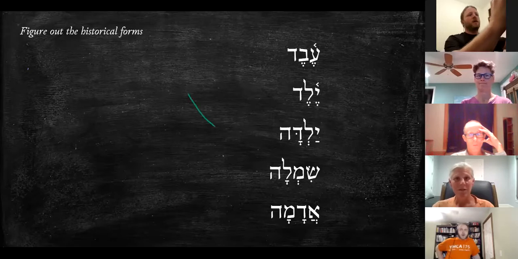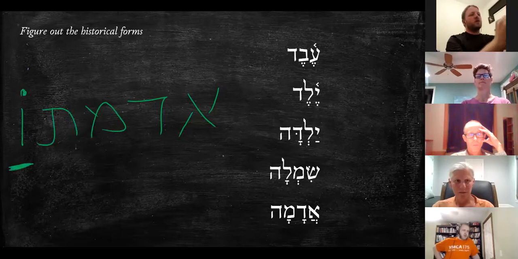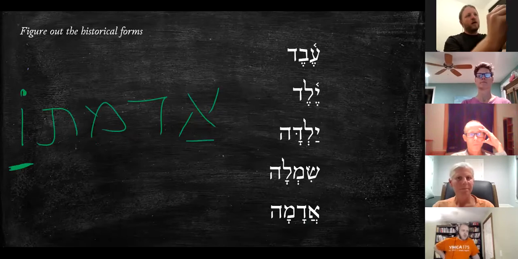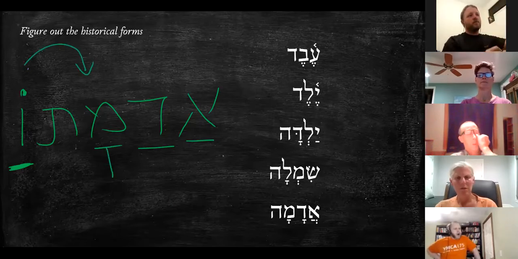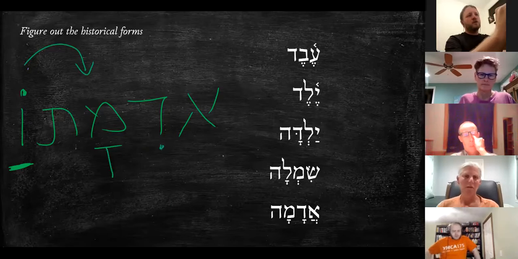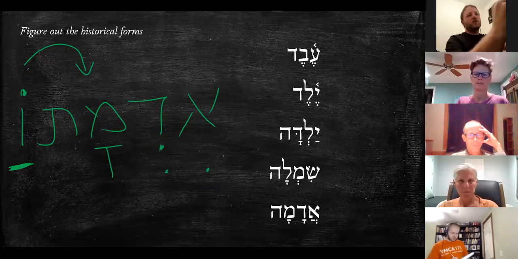Look what's happening when we do this. Admato. Let's assume the toe ending is historically long. It's the "his." If we assume adama, adamato, historical, the near syllable becomes long. The two other syllables reduce. This one wants to resolve, and it resolves naturally to a.